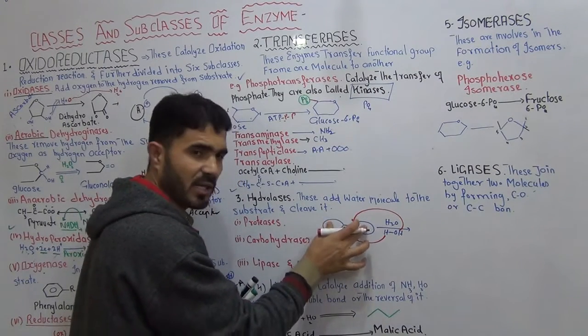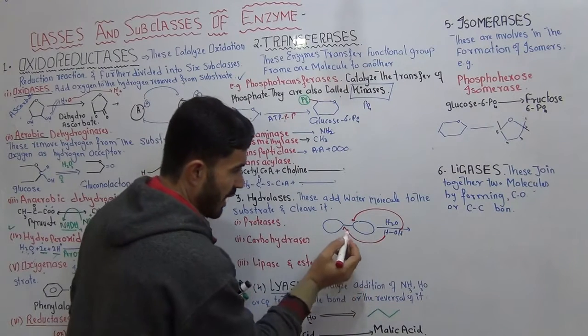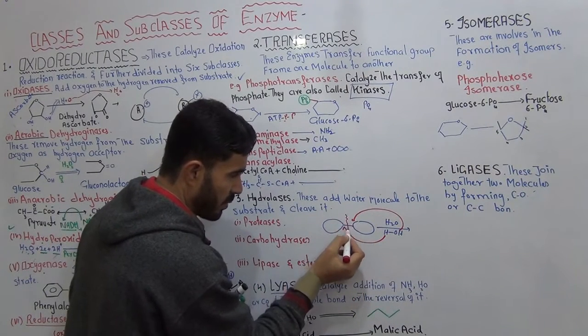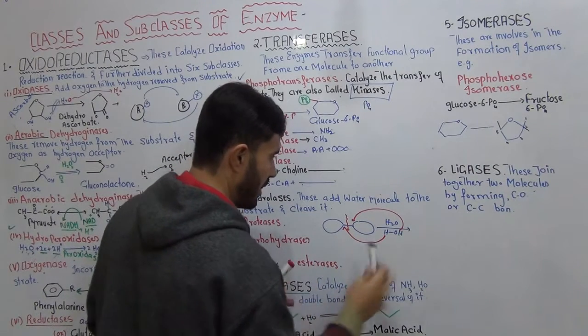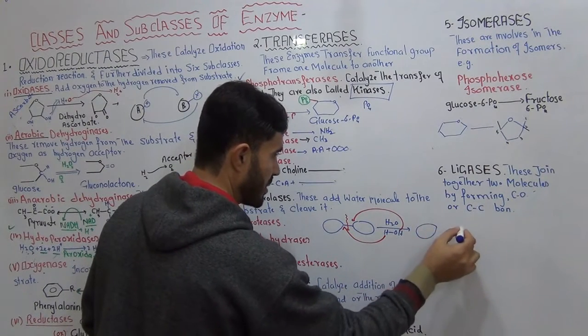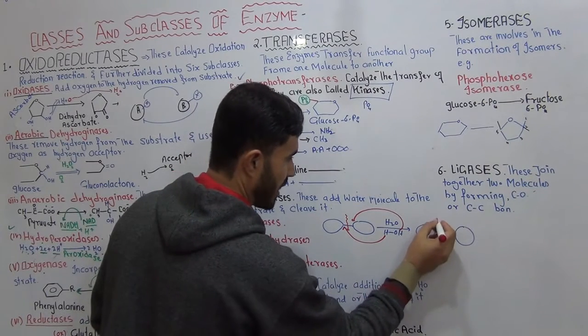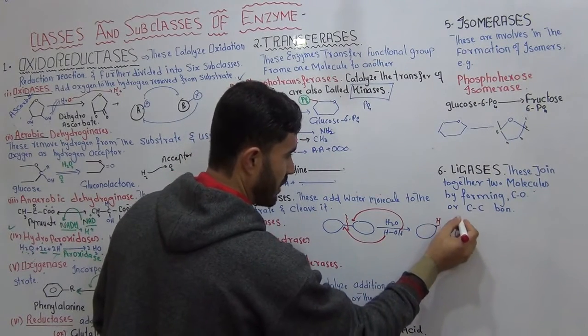Suppose this is one molecule, it has two segments. As a result of this OH attachment here, this bond will be broken. You will see one segment and another segment. One segment would be having the hydrogen, another segment would be having the OH.